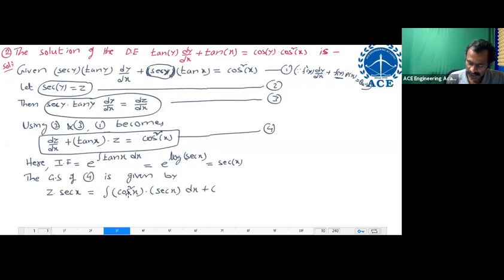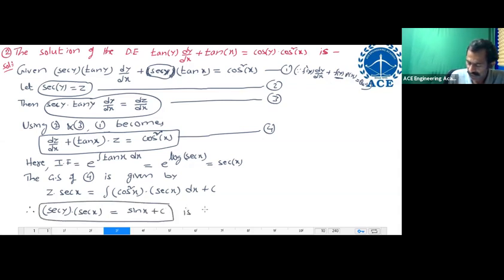Cos remains, and the integral of cos is sine. On the left-hand side, in place of z we write our assumption secant y. Therefore, secant y into secant x equals sine x plus c, which is the general solution of 1.